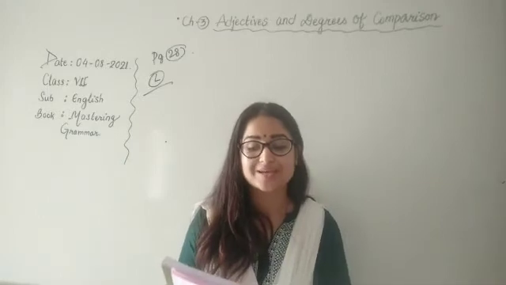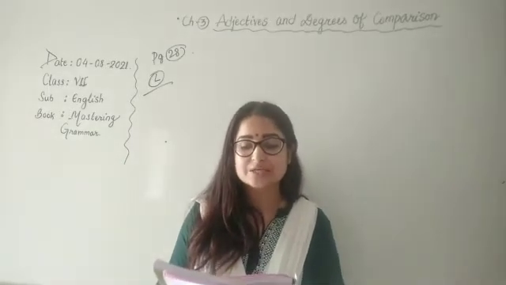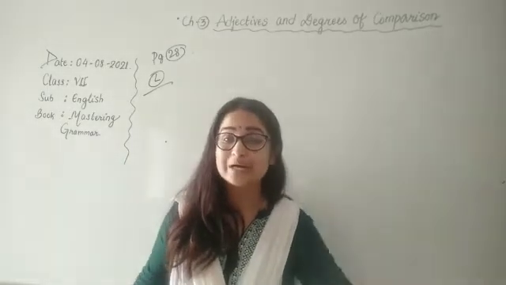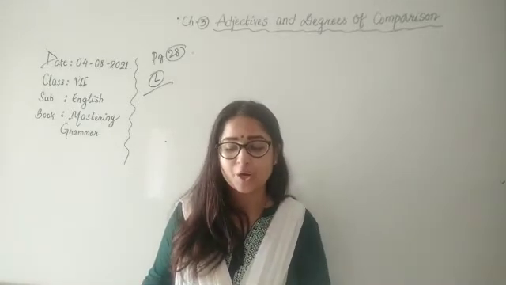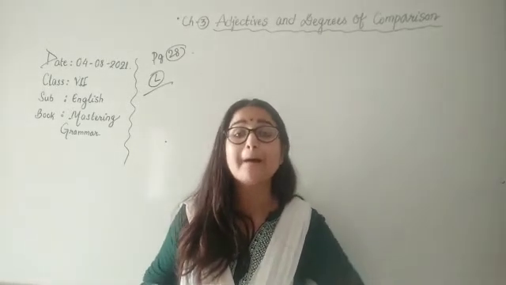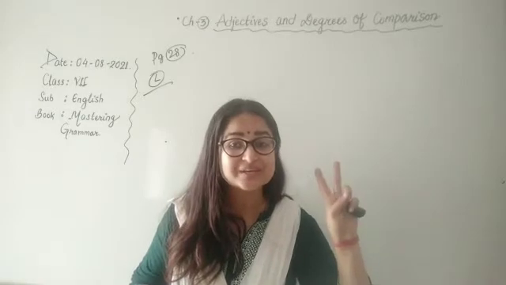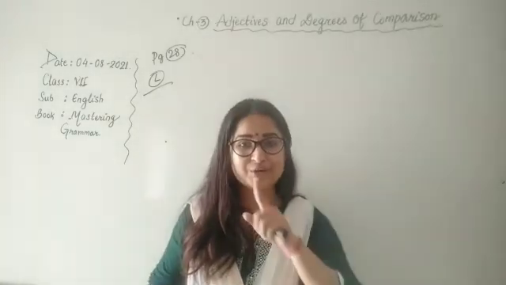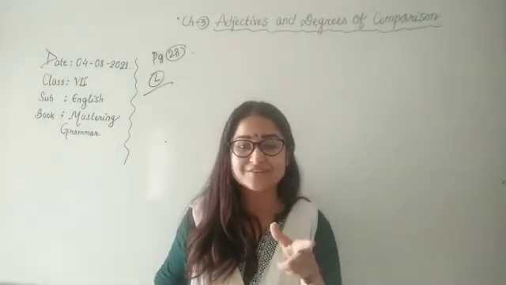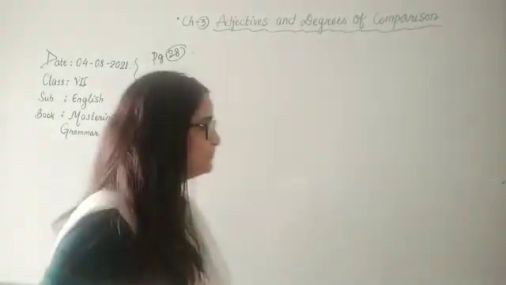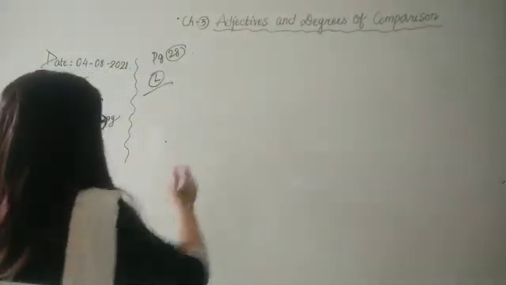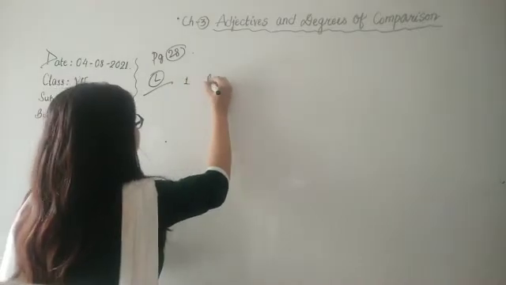Who do you think is a dash singer, Sonu Nigam or Shah? We are comparing here, right children? Because comparing between two things. So good, better, best. Which one is the comparative form? Got it? Better, right? So our first answer is better.